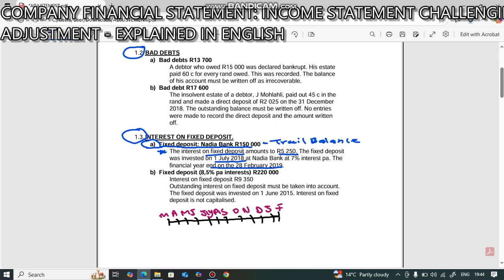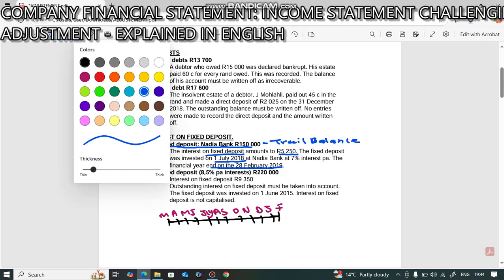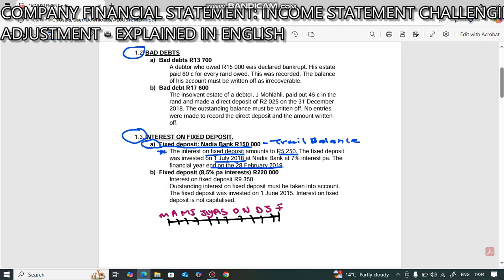Okay, so now in order to solve this problem, first we need to use our timeline or accounting period. As we know that our timeline is ending on the 28th February 2019, meaning it started in 2018. So they said the business made this investment on the 1st July 2018.